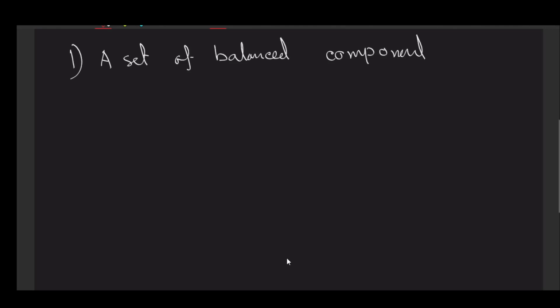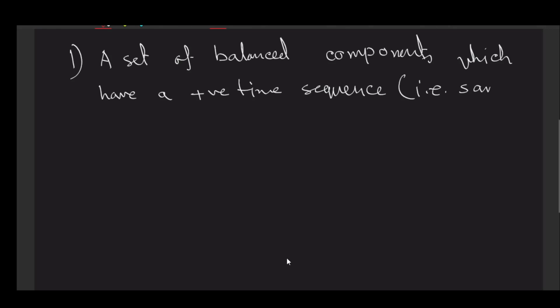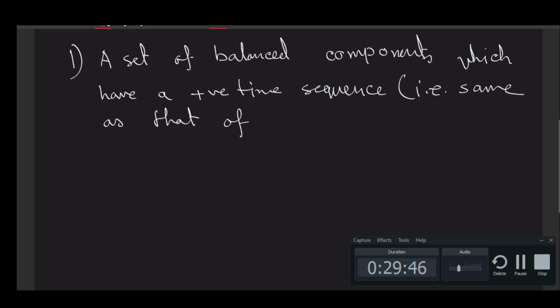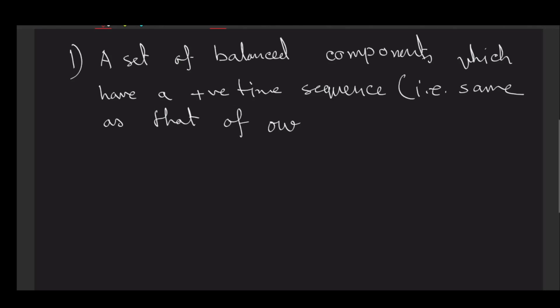Positive sequence is a set of balanced components which have a positive time sequence, same as that of our fundamental harmonic sequence.